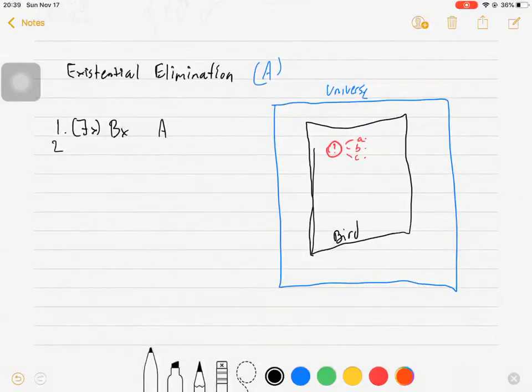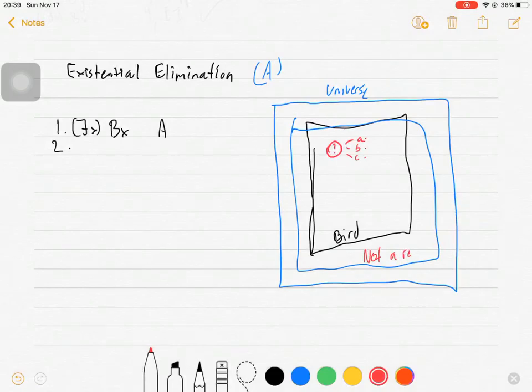In order to move from an existential claim that there exists an X such that to some other existential claim, let's broaden this out a little bit and put this within the not a reptile box.